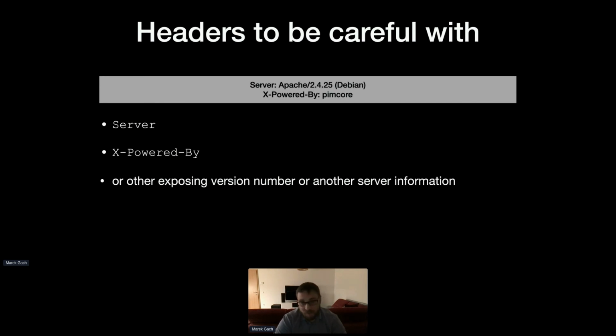It happened to me in the past that some clients wanted me to remove even the X-Powered-By header from the response headers. Still, I think that finding out if the site is using Pimcore can be done from other sources, different than the headers themselves. But still, be careful about those headers, where and how you are using them.